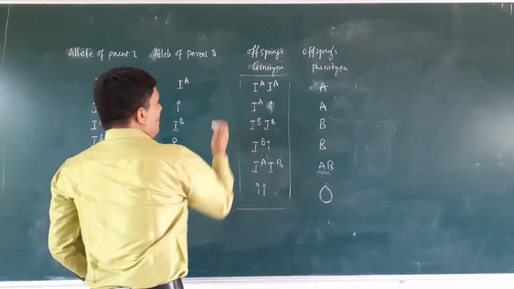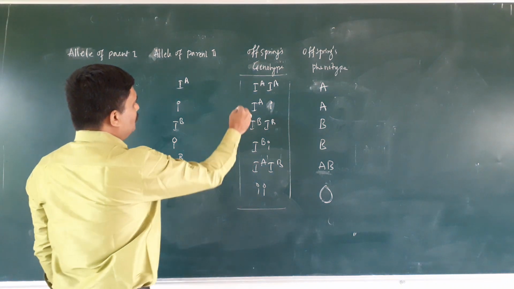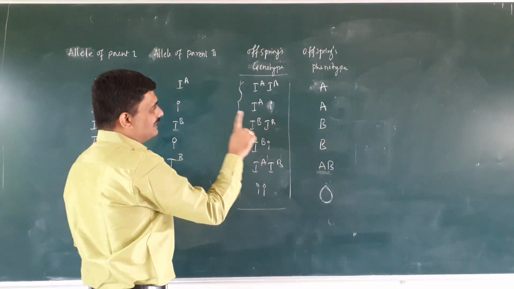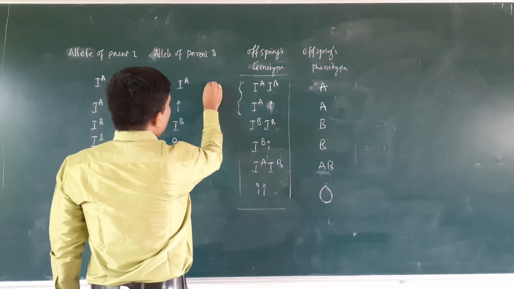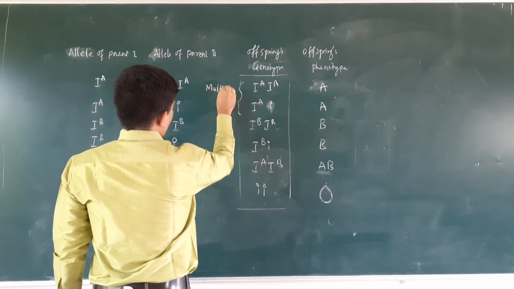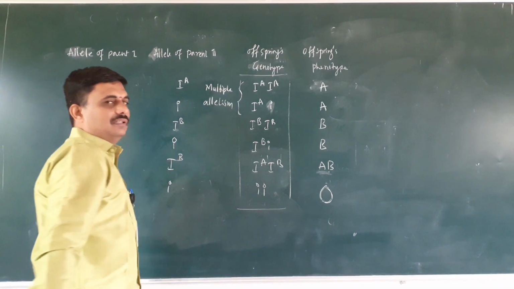The phenomenon of expression of a single gene or single character in 2 alternative forms is called multiple allelism. What is multiple allelism?